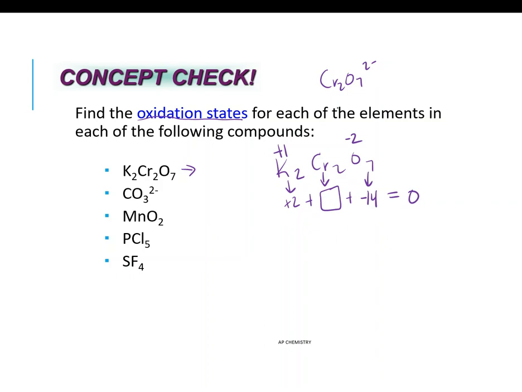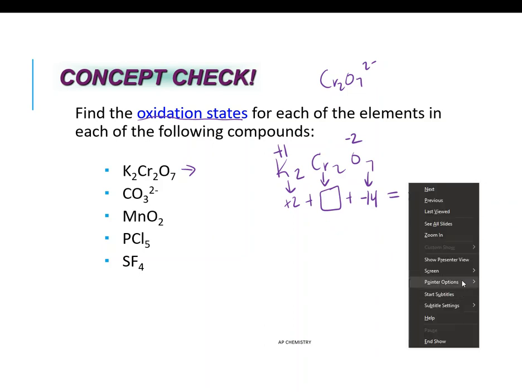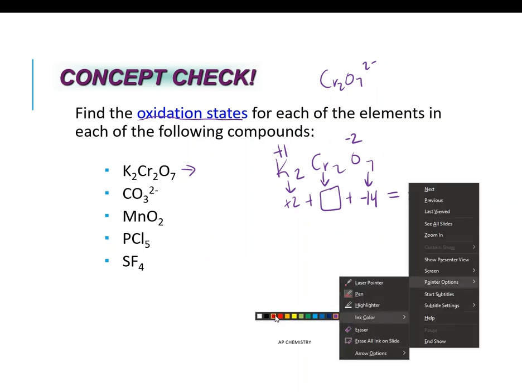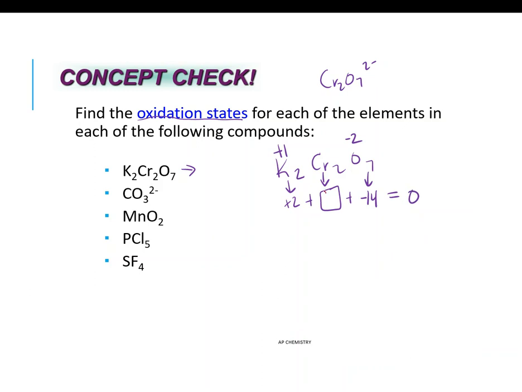If 2 plus the -14 equals 0, what do the chromiums' charge have to add up to? This has to add up to 12. Now remember, there's 2 of them here, so what is each chromium's oxidation state worth? Yes, this is a +6. Very good. So that's how I would figure out for this particular type of example.